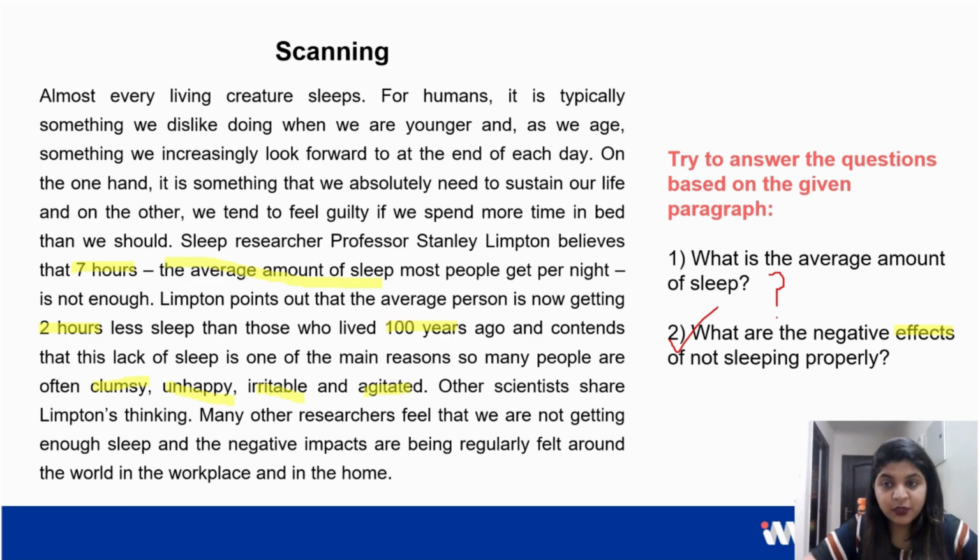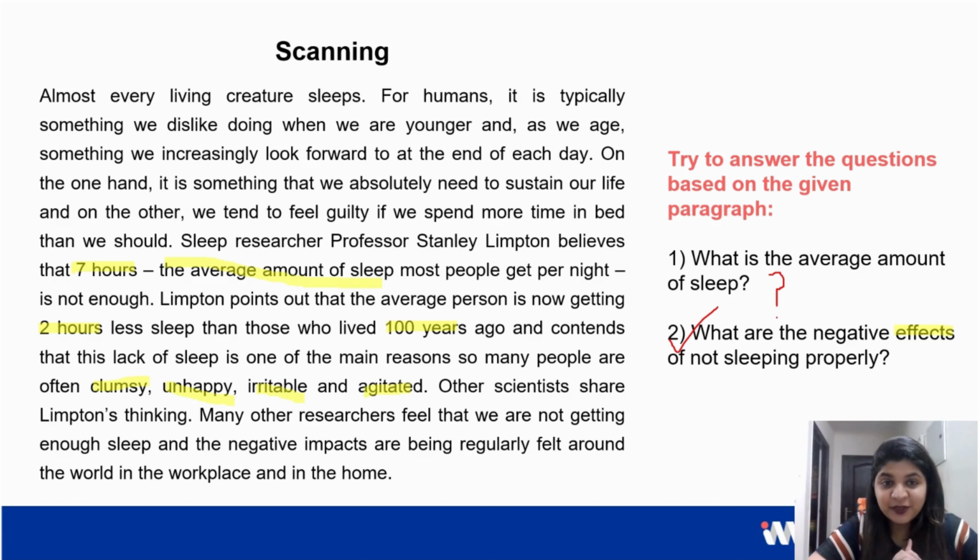These words sound like they are the negative effects. So once you get this, read the complete sentence. The lack of sleep is one of the main reasons so many people are often clumsy, unhappy, irritable and agitated. Yes, so this is my answer. We are done. So skimming and scanning will definitely help you to locate the answers in the minimum time.